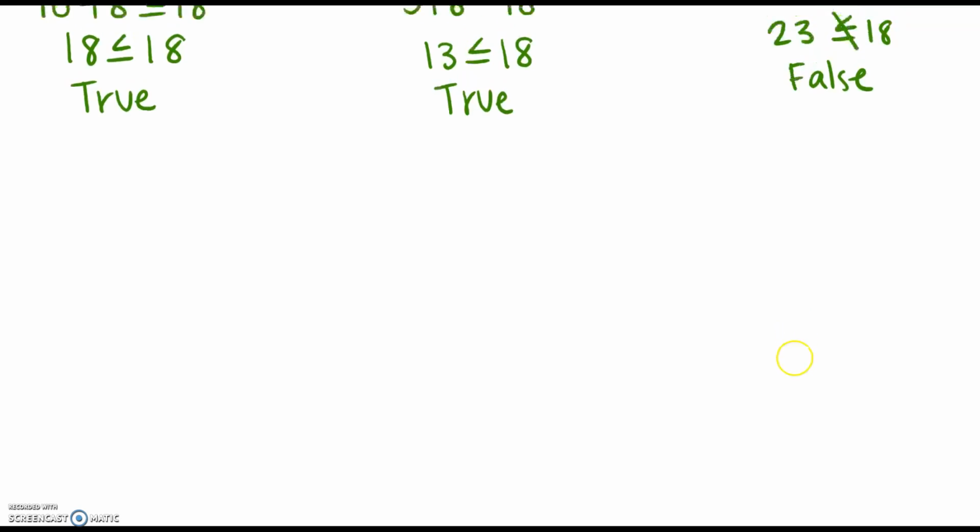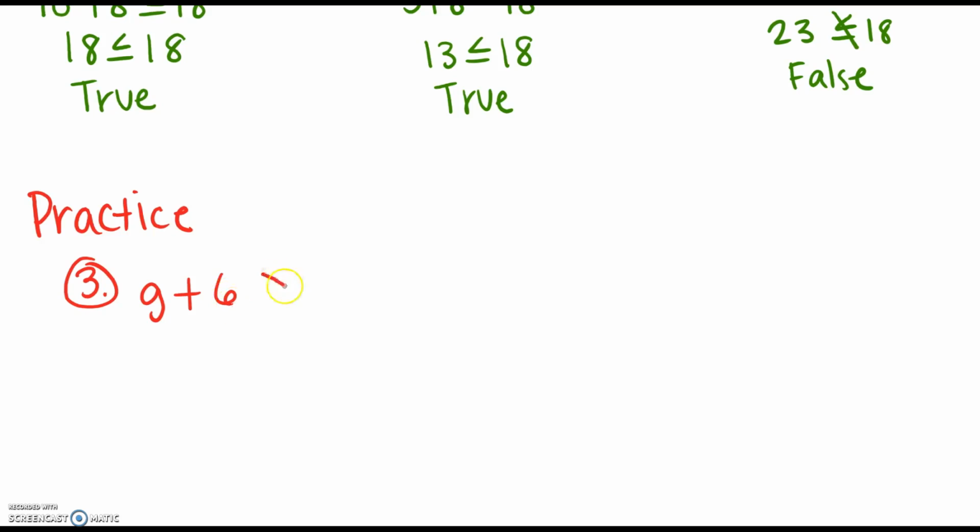All right, for your practice problems that I want you to do now on your own, you have 2 of them to do. Don't forget, you need to bring these to class tomorrow for us to check together. These are numbers 3 and 4. Number 3: g plus 6 is less than 2.